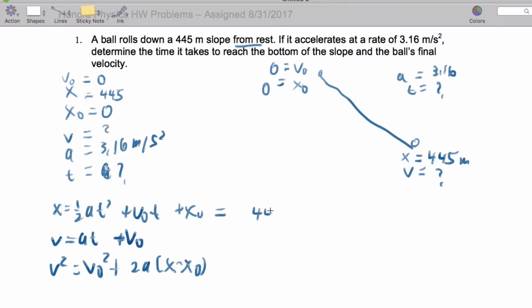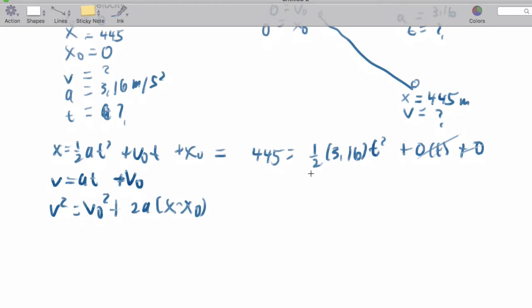So here I've got 445 equals 1/2 times 3.16 times t squared plus 0 times t plus 0. So these terms actually drop out, and I don't have to solve a whole complicated quadratic formula. I can actually just go ahead and isolate t by taking a square root.